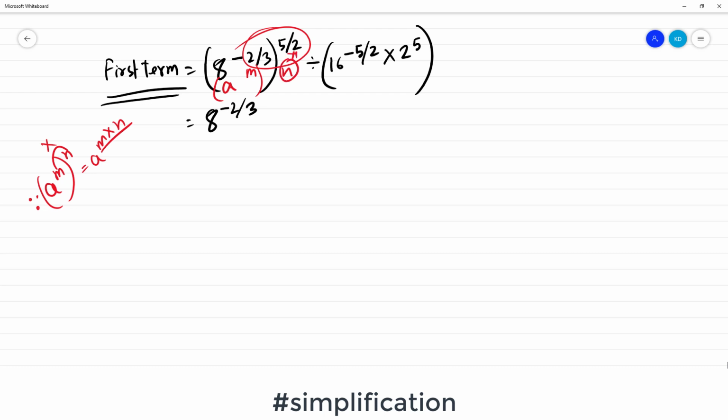This is our tool, and with the help of this tool we can solve this problem.